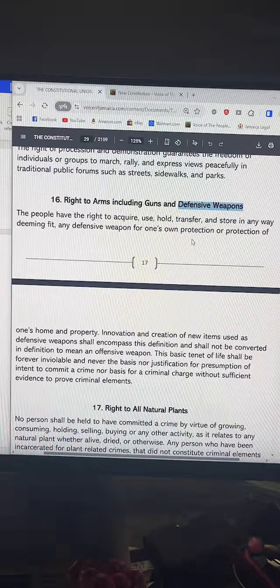We can't stop people from doing anything. Law never stopped anyone from owning; what the law does is provide repercussions for those actions or activities.